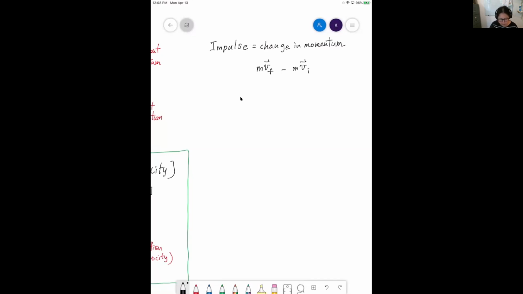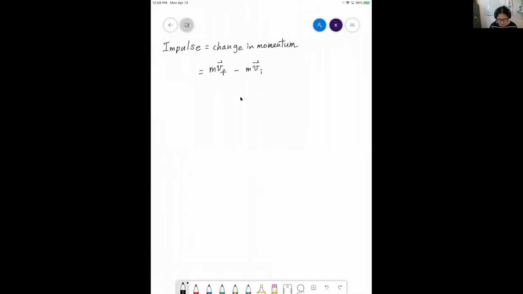So this is going to be the change in momentum, assuming the mass stays the same. So you're only talking about one mass that has the change in momentum. That means that you have a change in velocity. When you have a change in momentum, that means you have a change in velocity.